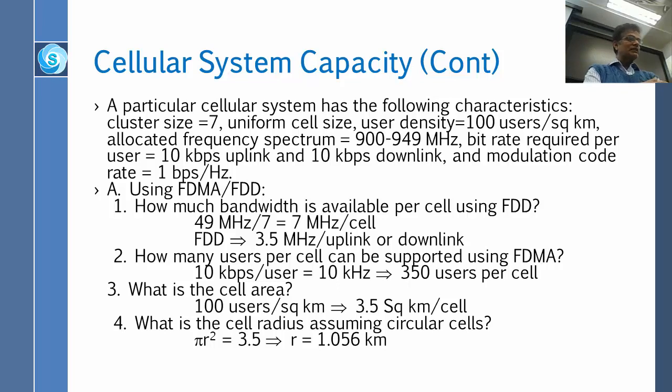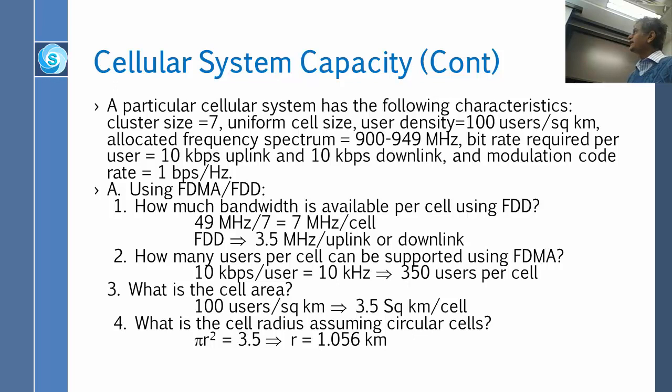TDD means you go down on the same frequency and go up on the same frequency using time. What is FDMA? What is TDMA? FDMA is how users are going to share by frequency. TDMA is by time. So don't confuse between FDD and FDMA.